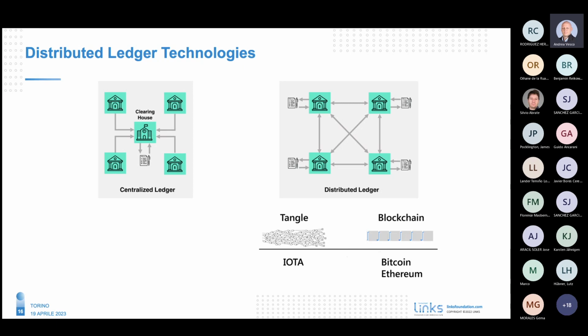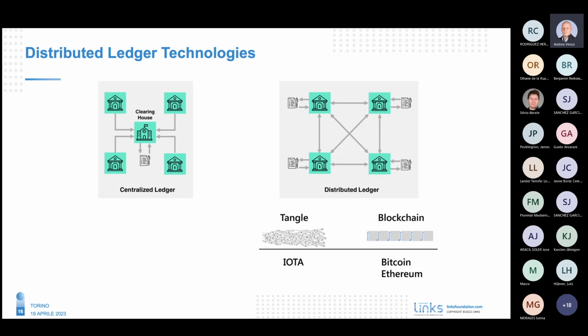As you all know, the main difference between a centralized ledger, in which there is an authority that maintains, updates, and writes the ledger, and a decentralized solution is that in the latter the ledger, so the data, are stored in every single node, and there is a consensus protocol running among all the nodes of the distributed ledger to maintain the same version of the ledger at the different nodes.